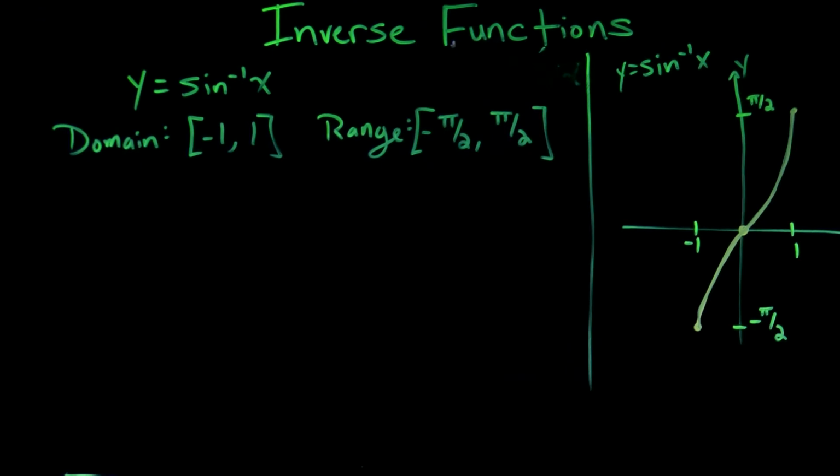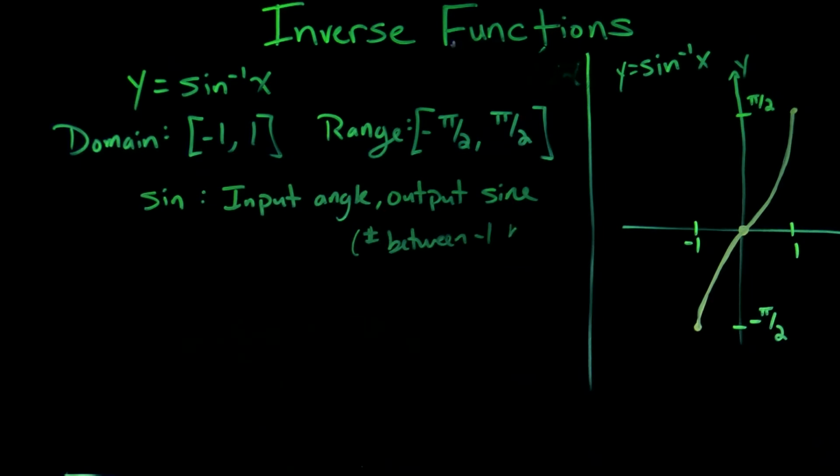Well, if we think about what the sine function does, the sine function is going to input an angle and output the sine, which is a number between negative 1 and 1. Okay, so what the inverse sine does is input a number, which is going to reverse what the sine function does.